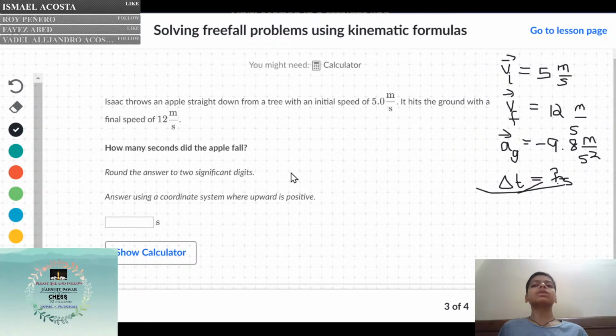Again, the final velocity equals the initial velocity plus acceleration times time.